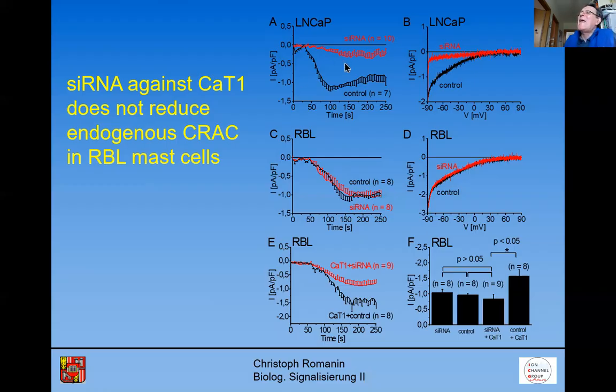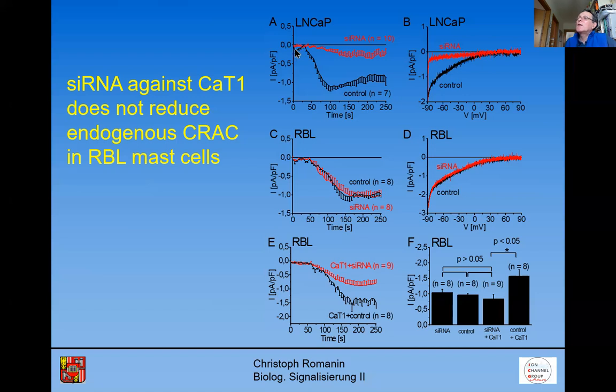We know that LNCaP cells are prostate cancer cells. It was shown by other scientists at that time that these cells first of all express TRPV6 or CAT1 proteins, and second, they have a very similar looking CRAC current. You can see the CRAC current here.